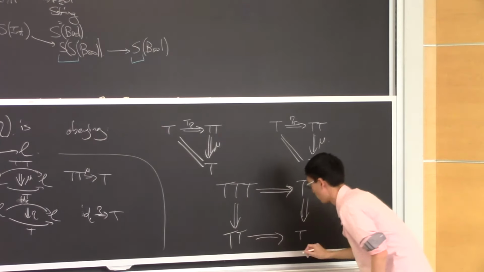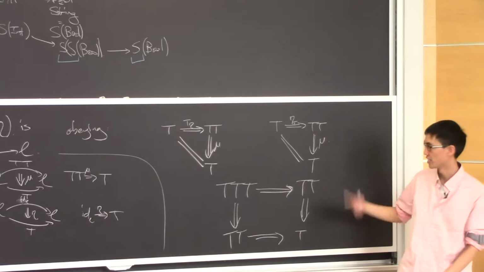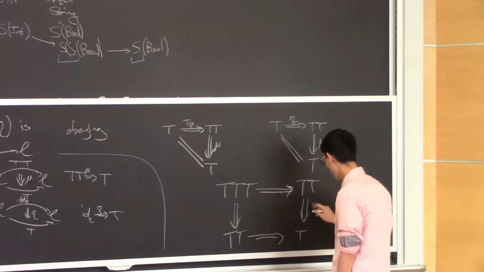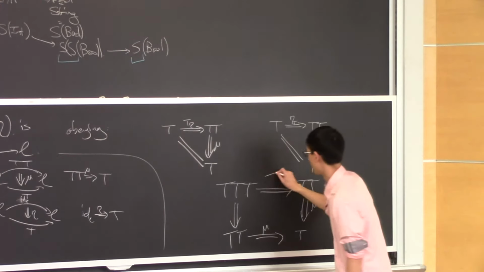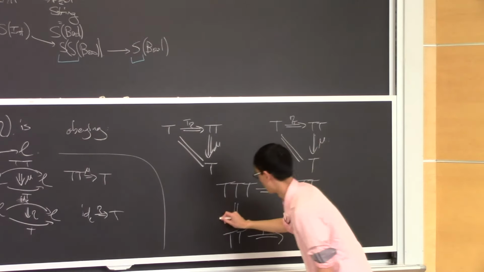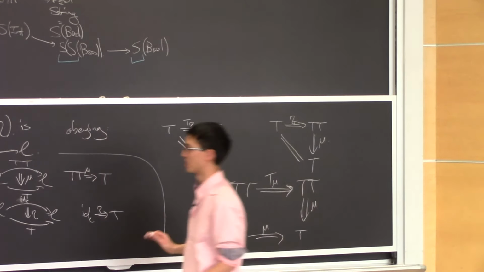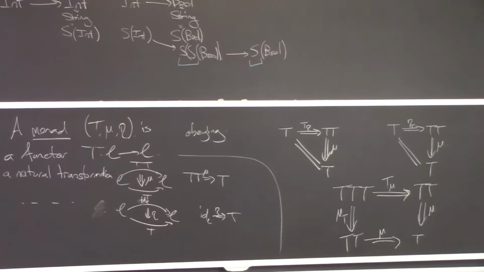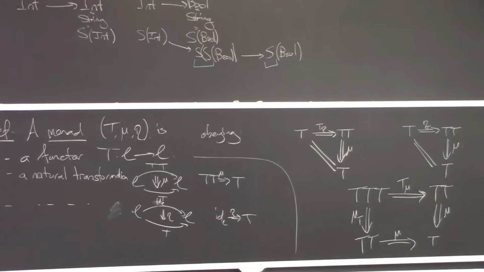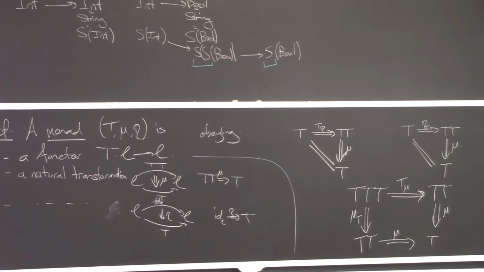So again, there are two ways of going between three applications of t and one application. And so these ways are mu, just going from 2 to 1. And then we can do this thing called t mu, or this thing called mu sub t. We'll get to that in an example in just a second. In fact, I think that's all I wanted to say on that, so we'll get to it right now.